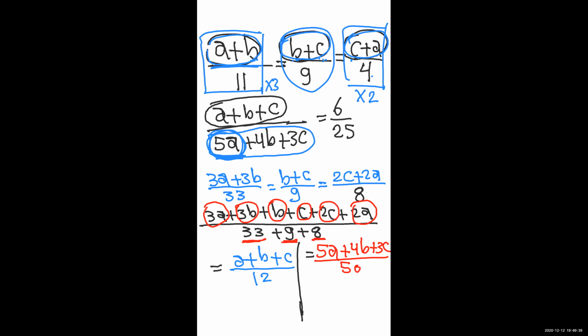So now it becomes 5a plus 4b plus 3c over 50. Actually, it's one of the given ratios.